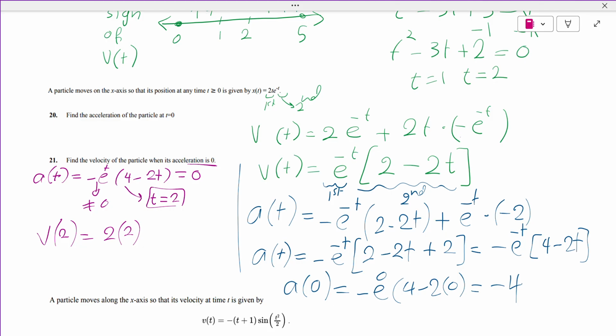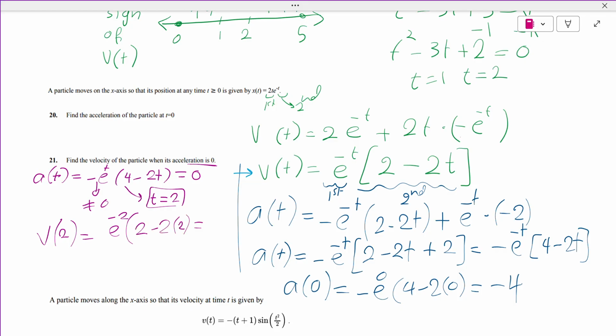Now let's find v of 2. Let's use this one, okay? It will be minus e to the power of minus 2. There is no minus. Times 2 minus 2 multiplied by 2.